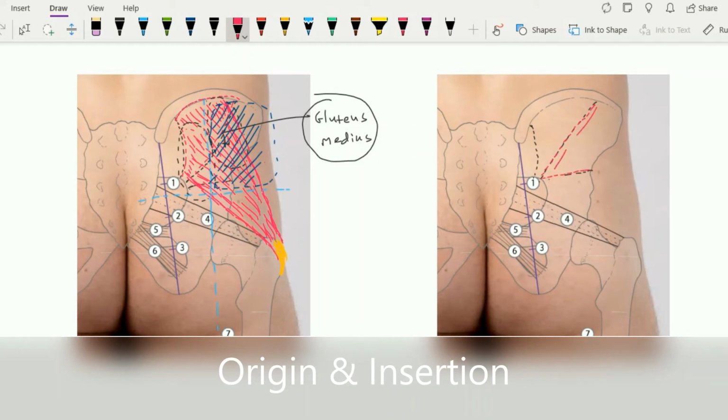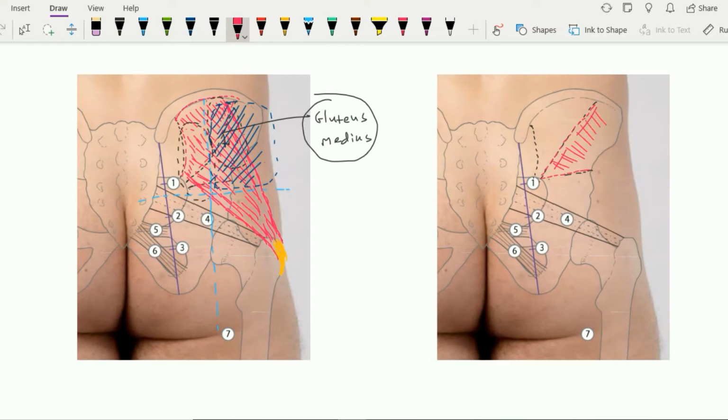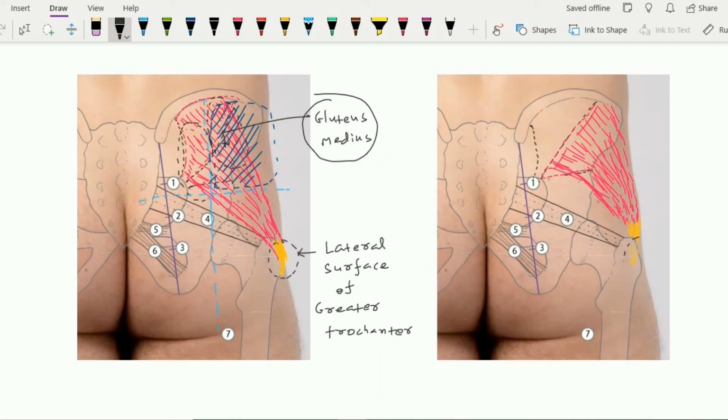It gets origin from this area and passes downward and laterally and forms one tendon, and that tendon passes anterior to the greater trochanter and inserts over the anterior aspect of the greater trochanter. So the insertion of the gluteus medius is on the lateral aspect of the greater trochanter, and the insertion of the gluteus minimus is on the anterior aspect of the greater trochanter.